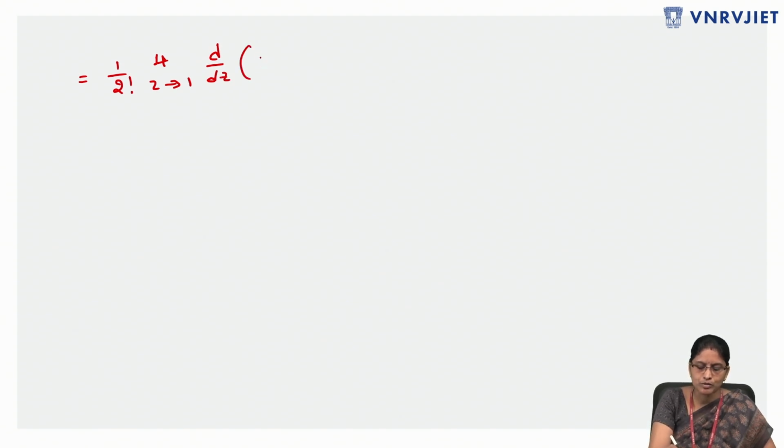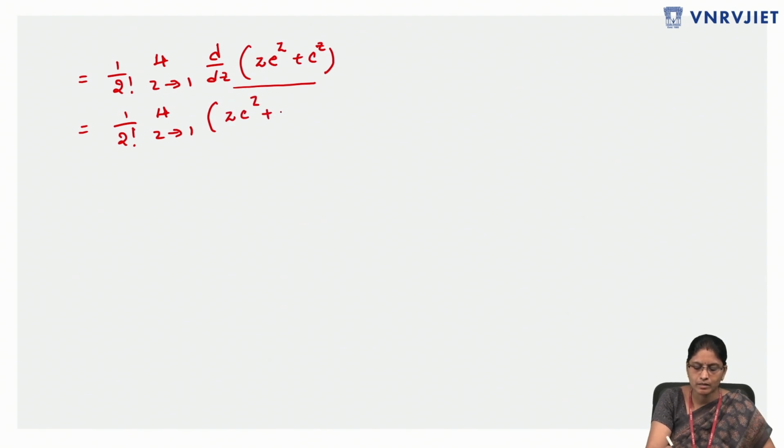Differentiate it with respect to z. We get z e power z plus e power z. We are applying the uv rule: uv dash plus v u dash. That equals 1 by 2 factorial limit z tends to 1. Again differentiate it with respect to z. We get z e power z plus e power z plus e power z, equal to 1 by 2 factorial.